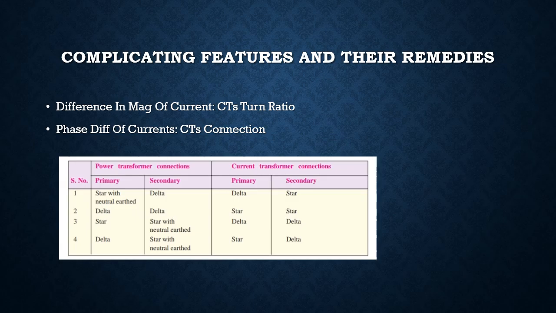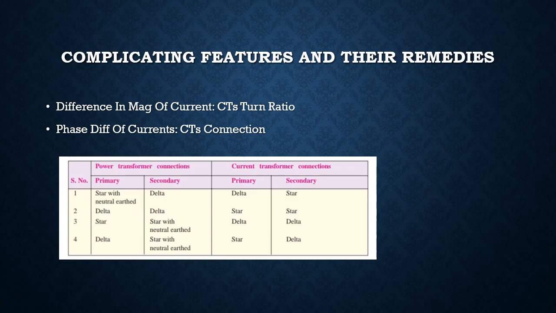The first complicating feature is the difference in magnitude of current. For example, the primary current of the transformer is 5 amperes and the secondary current of the transformer is 8 amperes. Then the difference in magnitude of primary and secondary current is 3 amperes. Due to this differential current, the relay may operate during normal or healthy working conditions also.